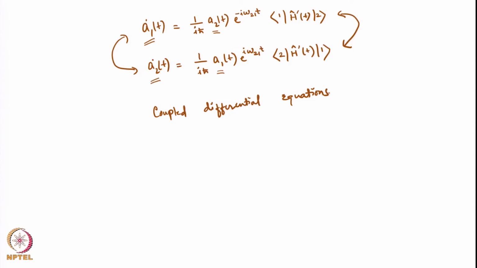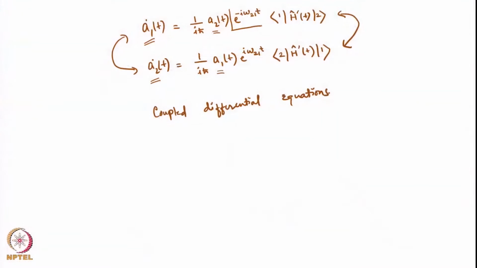There is one very interesting thing here: this is e to the power of minus i omega t and this is e to the power of plus i omega t, which means these two are phased out. What it means is when A1 goes up, A2 comes down, and when A2 goes up, A1 comes down. So these are out of phase with respect to each other.